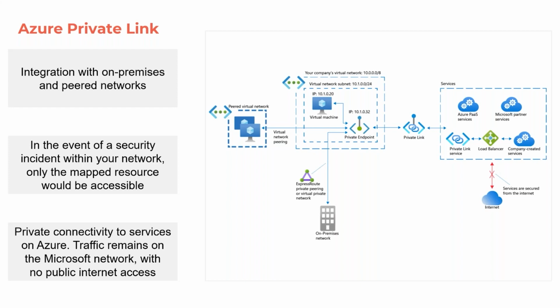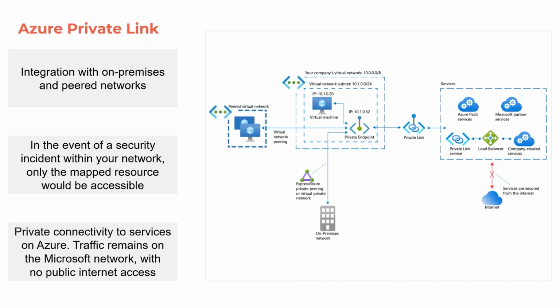And we can connect privately and securely via other things, for example, like using VPN connection, ExpressRoute, and so on. But in this case, the private link feature is the one that we should use. And the private link, in fact, enables us to access platform as a service, like, for example, storage and database, in a secure way.